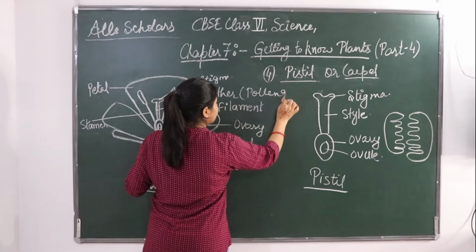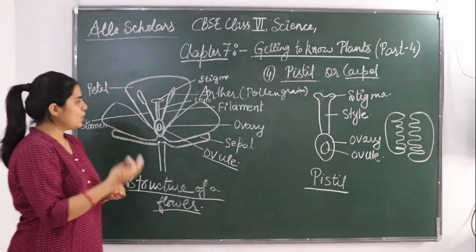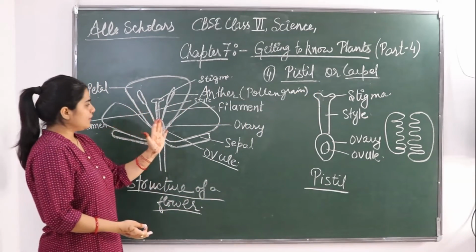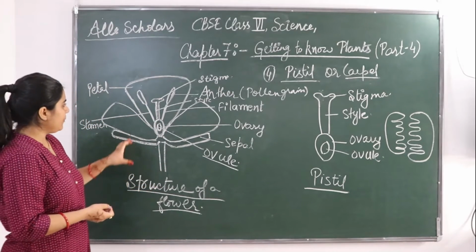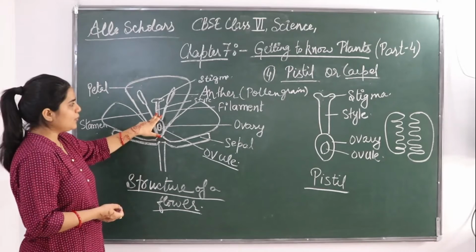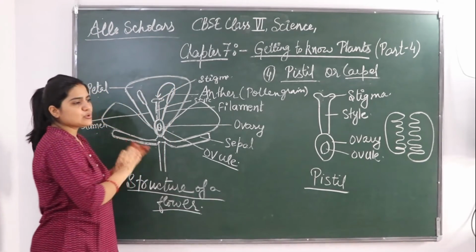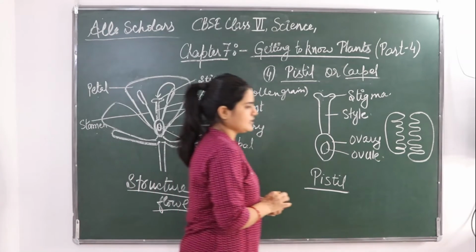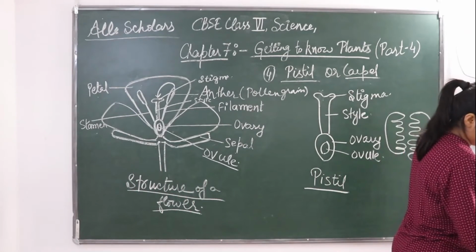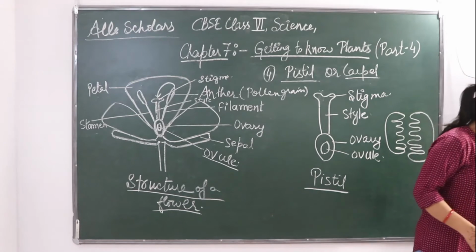So when the pollen grain from here goes to, or you can say fuses with, the egg of a female style, this female portion, then reproduction in flowering plants takes place. Okay, so a bit about pollination I am going to tell you.